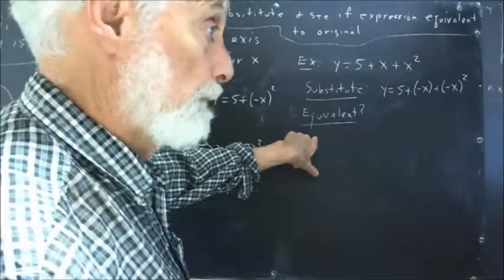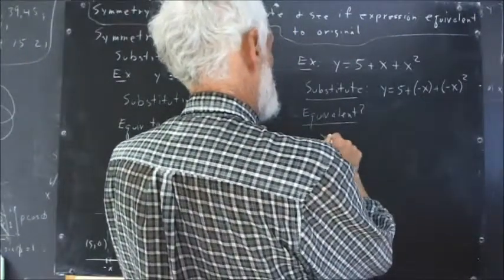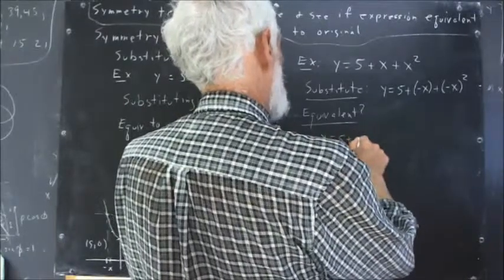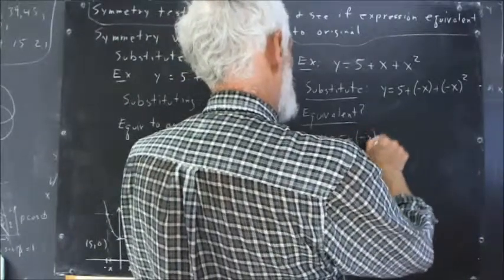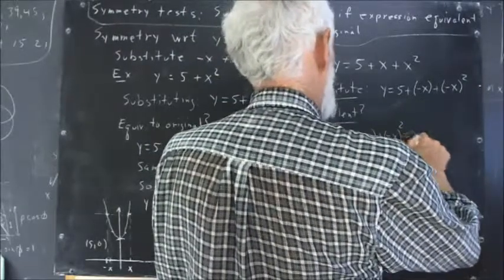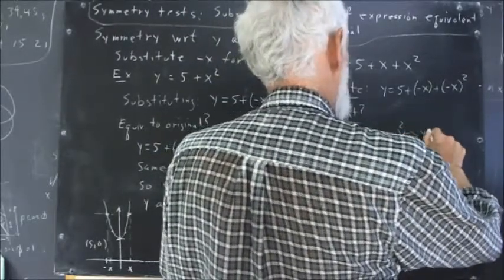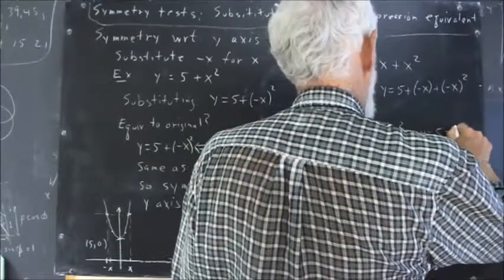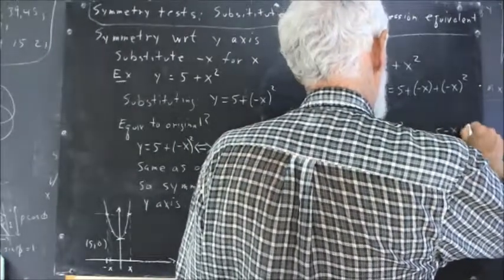Is this equivalent? Well, y equals 5 plus negative x squared is equivalent to y equals 5 minus x plus x squared.